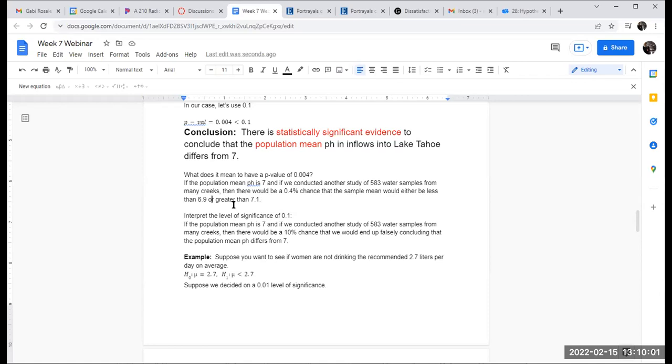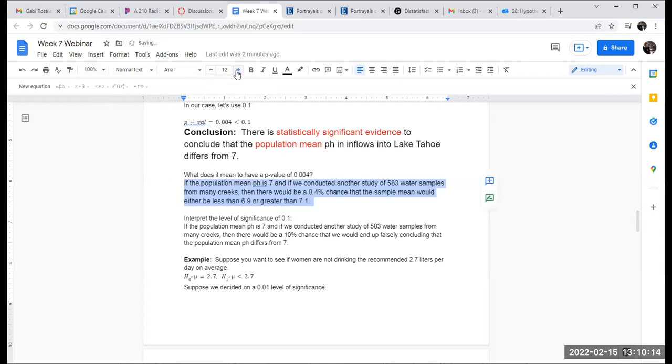Now, if we want to interpret the p-value of 0.004, here's what we say. Let me make it bigger because it's important.